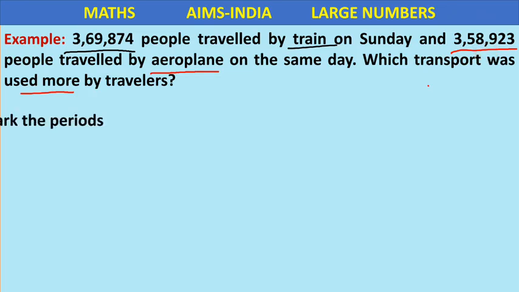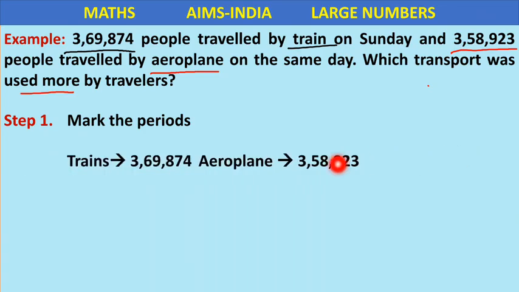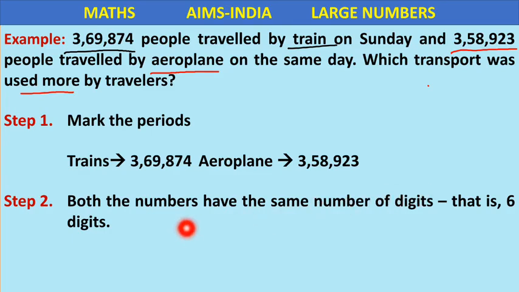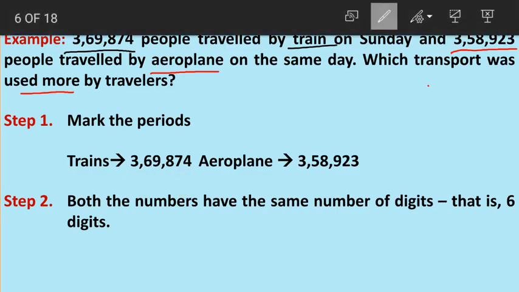Okay children, what will be the first step? First step will be to mark the periods. In the question here they have already marked the periods, but in case they gave you the number simply without putting any commas or marking the periods, first you mark the periods. After marking the numbers, what did we find?